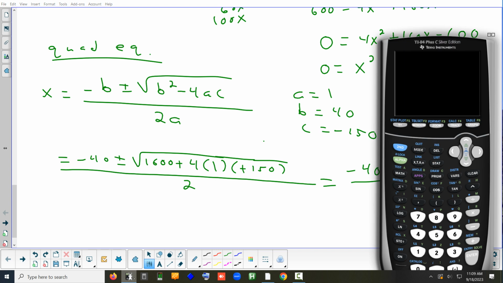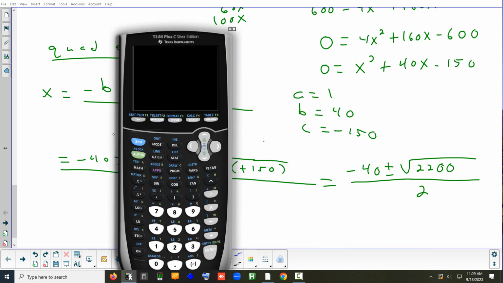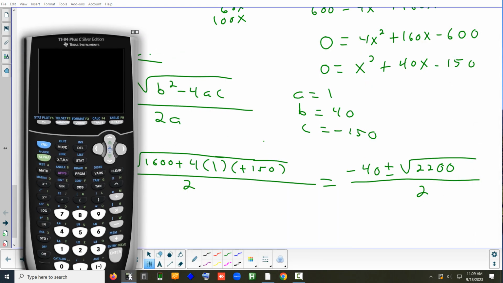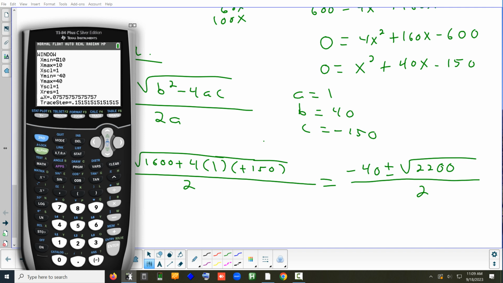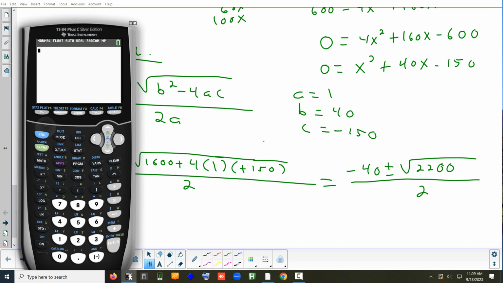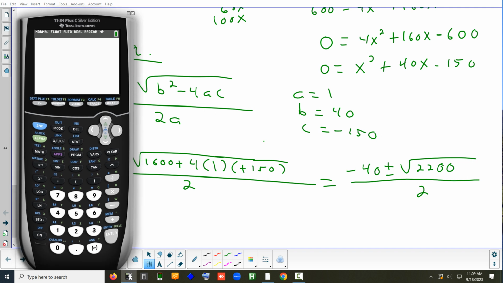Now we just have to type that in on the calculator and see what we get. Remember, we've got to type it in twice because there's a plus and a minus. So we'll press second mode. It'll quit and get you back to the main screen. And then you can type negative 40 plus the square root of 2200. I like to do just that part first, so that's the top of the fraction.